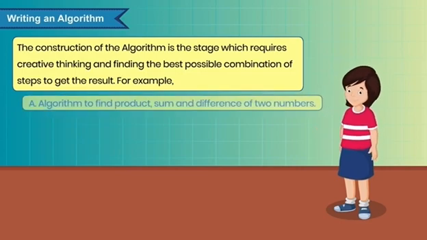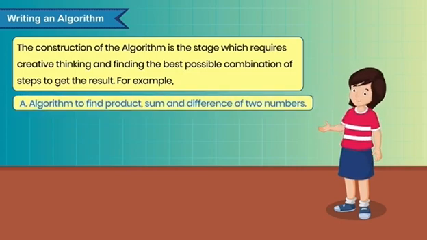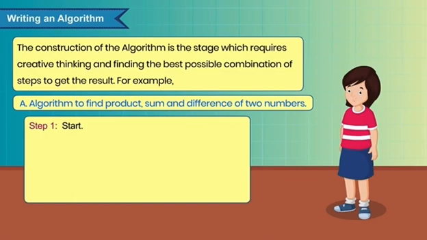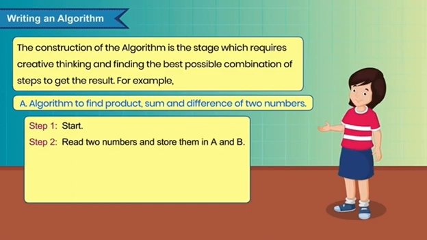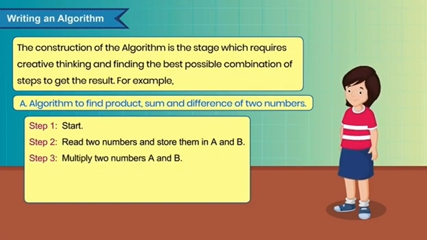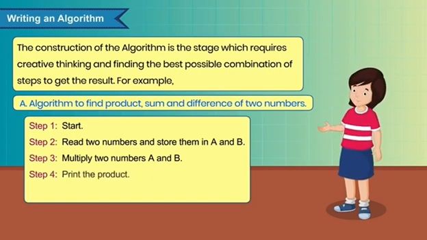For example, A. Algorithm to find product, sum and difference of two numbers. Step 1. Start. Step 2. Read two numbers and store them in A and B. Step 3. Multiply two numbers A and B. Step 4. Print the product.